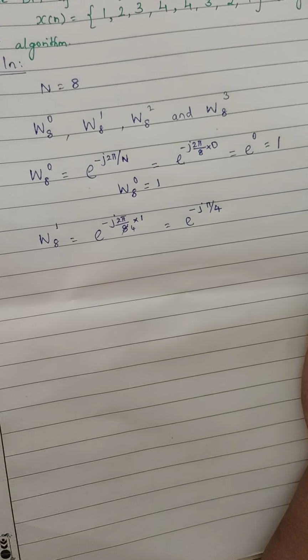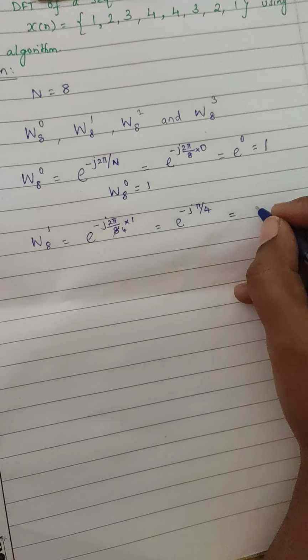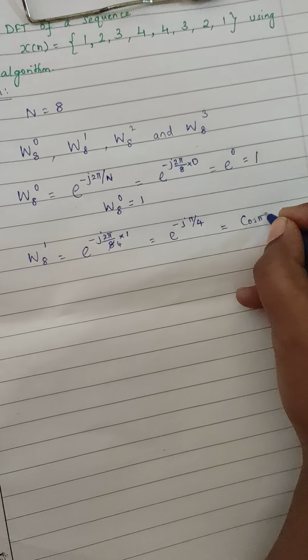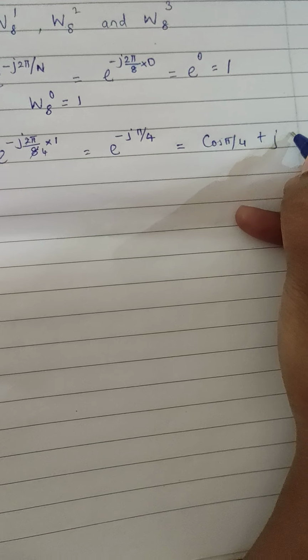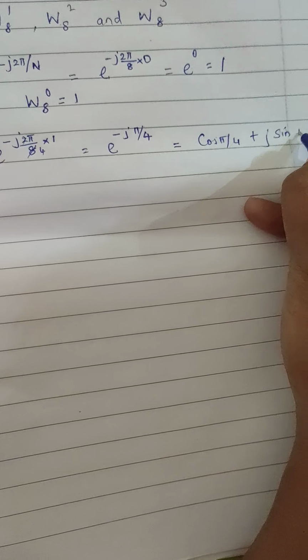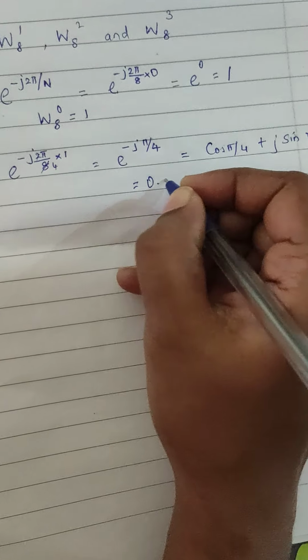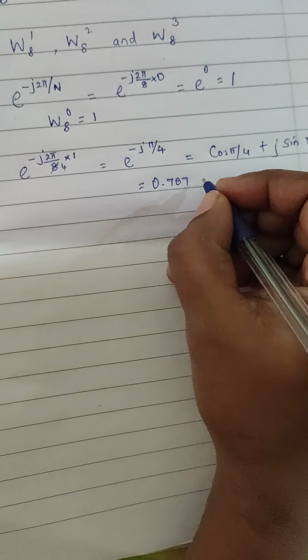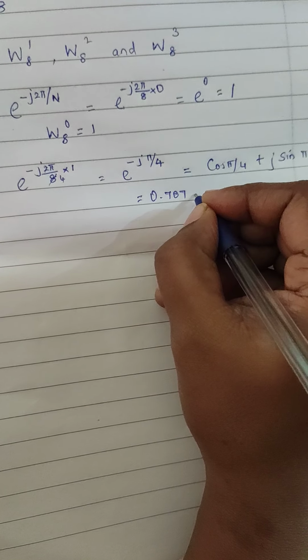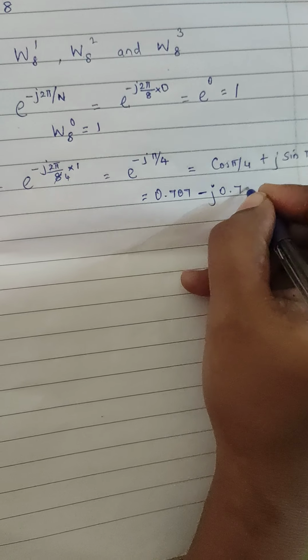This we know is cos pi by 4 plus j sin pi by 4. We know cos pi by 4 is 0.707, and sin pi by 4 is again 0.707, so it is 0.707 minus j 0.707.